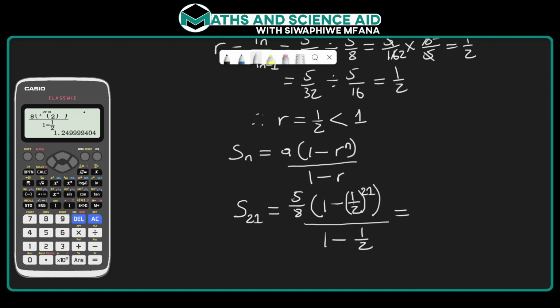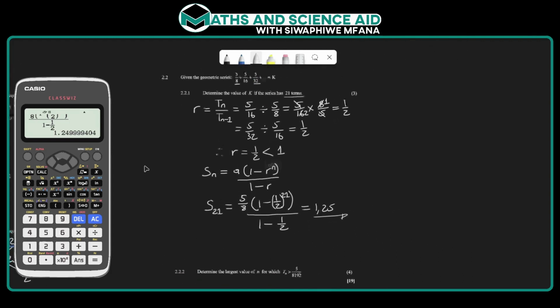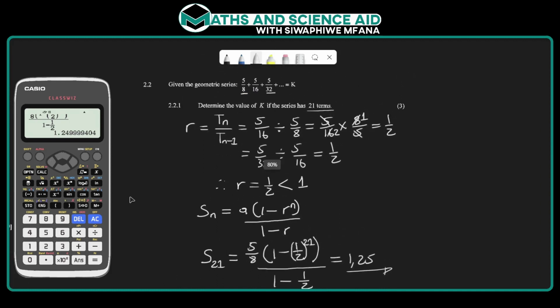And this gives us 1,25 if we round off to 2 decimal places. So we get 1,25 as our final answer. Okay, so this means that the value of k if the series has 21 terms will be given by 1,25.